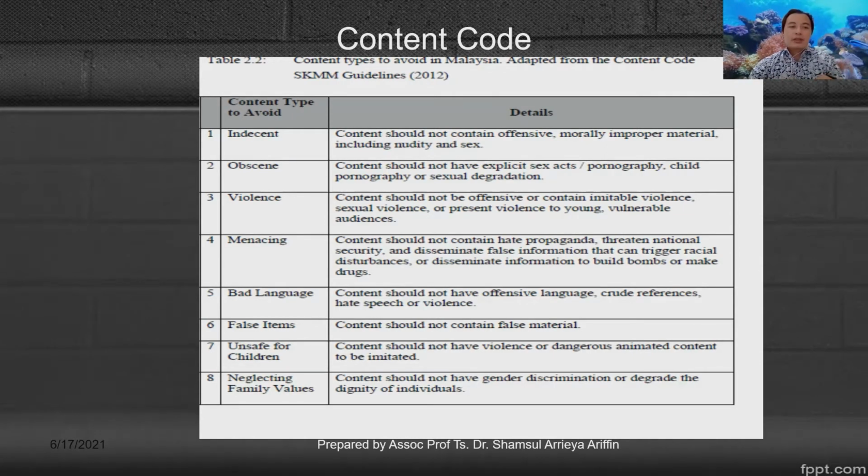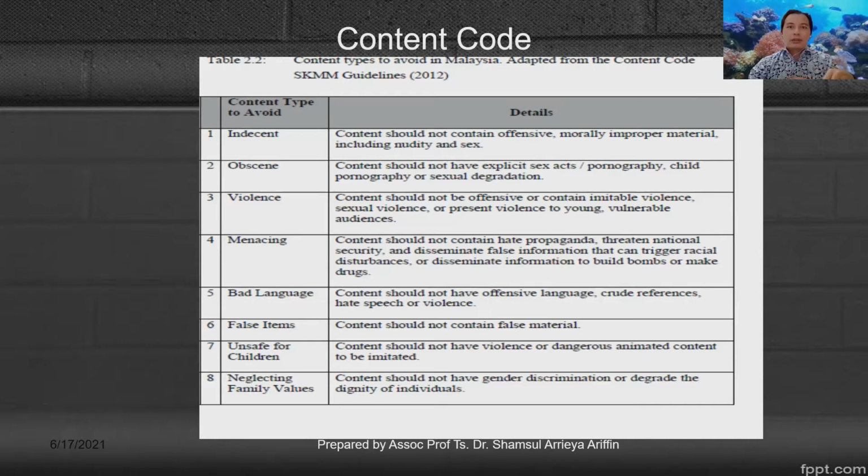Let's say you receive news, like previously they said COVID patients has increased to a certain amount, and suddenly it keeps on increasing above 10K. I think maybe you also have received those kinds of posters, right? Maybe those are fake news. Then you need to refer this fake news to the particular bodies, like MKN, Majlis Keselamatan Negara.